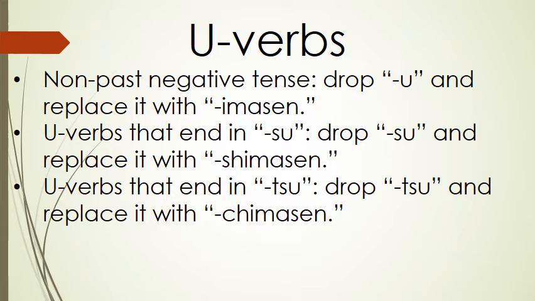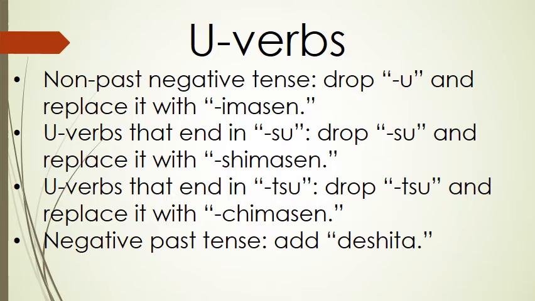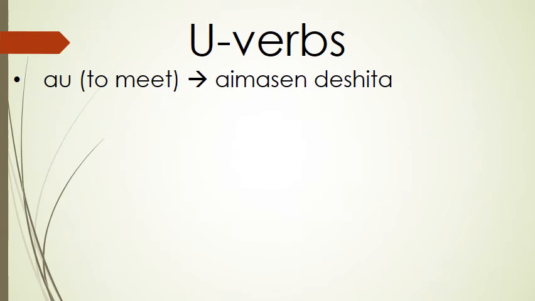Now, how about making the negative past tense with u verbs? Well, for the negative non-past tense, we just drop the u and replace it with imasen. If it's an u verb that ends in su, we drop the su and replace it with shimasen. And if it's an u verb that ends in tsu, we drop tsu and replace it with chimasen. If we want to form the negative past tense, we do the same thing, but we add deshita to the end. So, au becomes aimasen deshita.